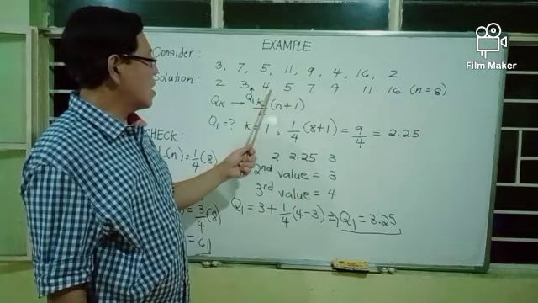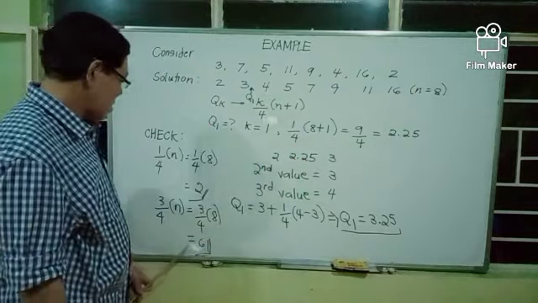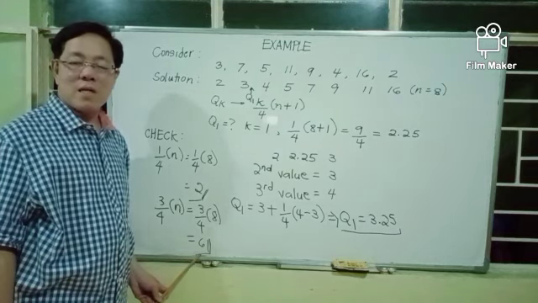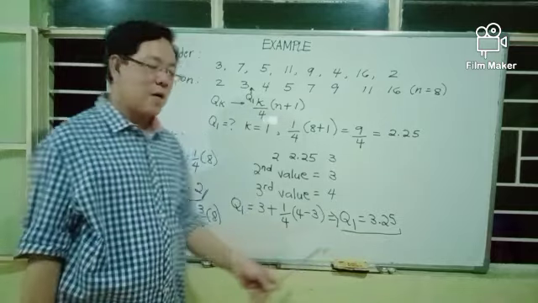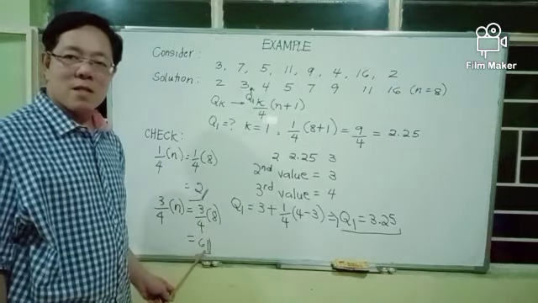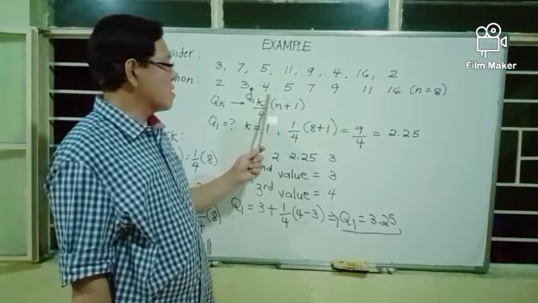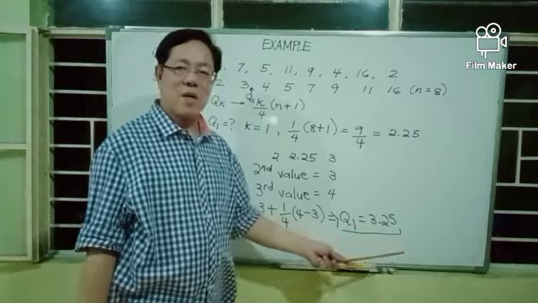And we count 1, 2, 3, 4, 5, 6. And so this is true. The number of values greater than the first quartile, 3.25, is at most 6. The maximum is 6. And it happens that there are exactly 6 values greater than 3.25.